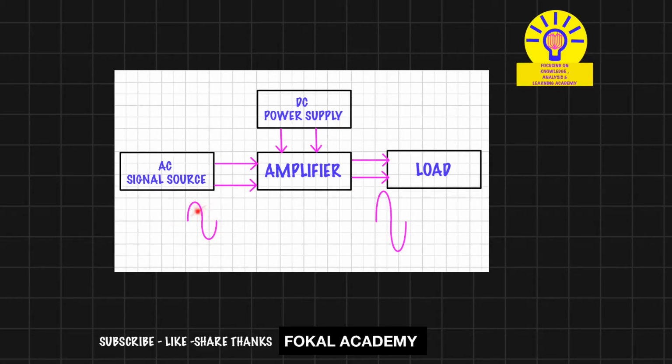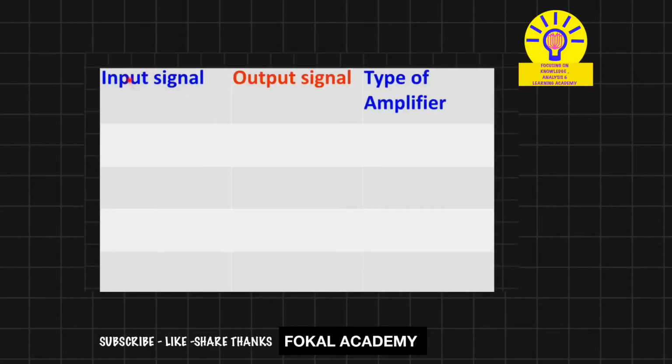Based on the input signal and output signal, amplifiers are classified into four types. If the input signal is a voltage signal and the output signal is also a voltage signal, then it is called a voltage amplifier. If the input signal is current and the output is also current, then it is a current amplifier.